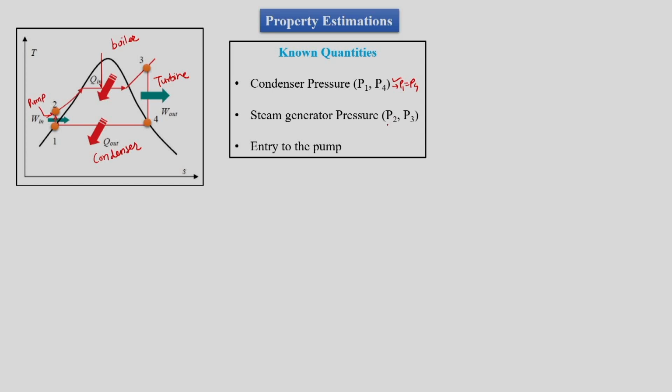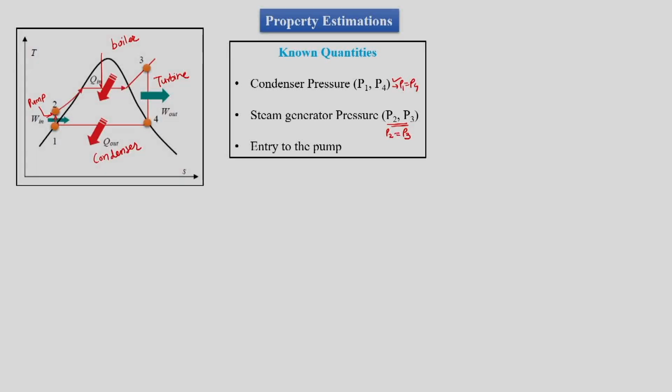Then the quantity we would know is P2, rather P2 is equal to P3, and P2 and P3 are the boiler pressures, and we would have an idea of this boiler pressure. A steam power cycle is also called a constant pressure cycle, where heat addition or heat interaction takes place at constant pressure.